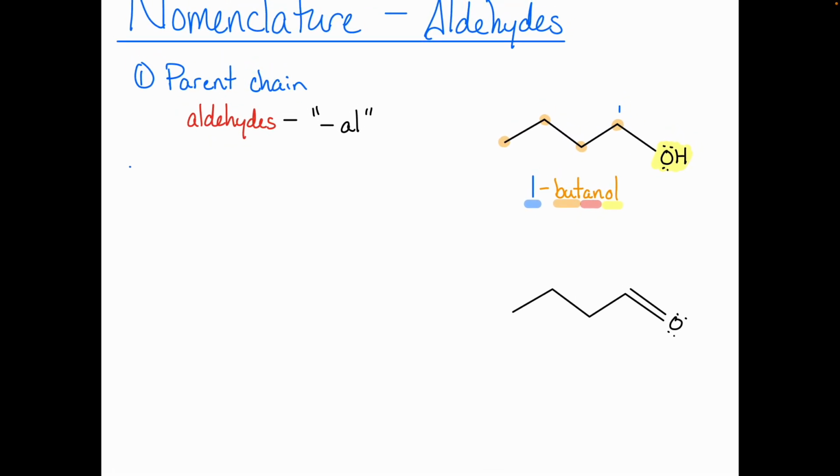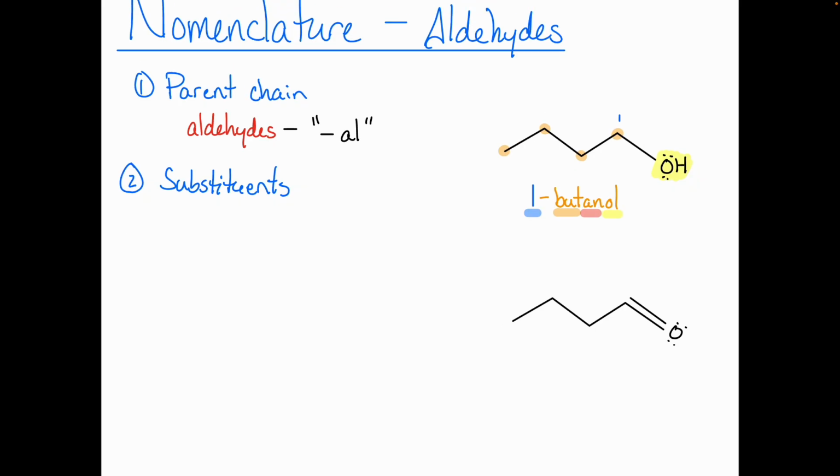All right, we're not going to see anything new with our substituents. And when we number our parent chain, we're going to prioritize that functional group just like we always do.